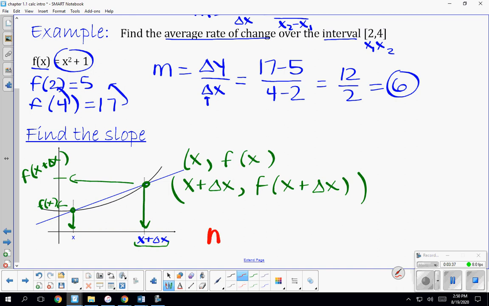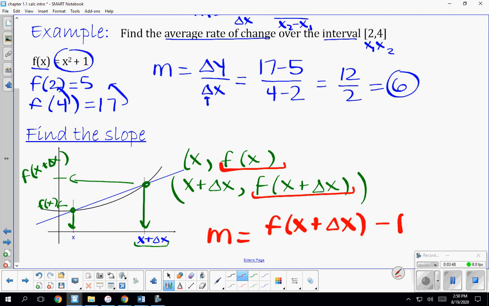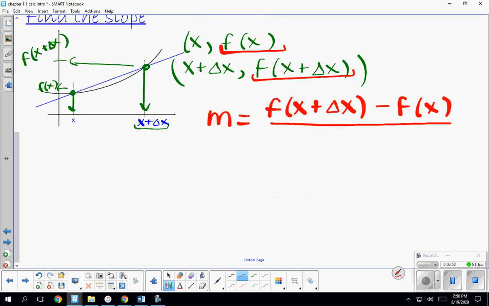If you were asked to find the slope between the two, you would take one y value minus the second. So we're going to take f of x plus delta x minus f of x. And then in the denominator, we're going to take x plus delta x minus the original x value.